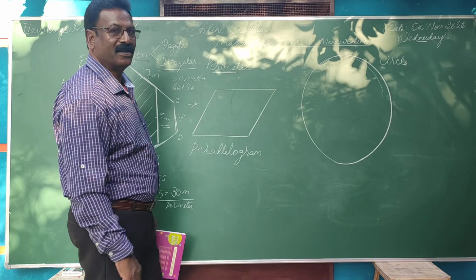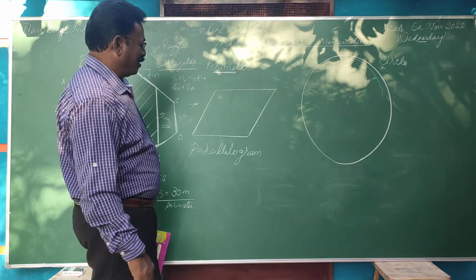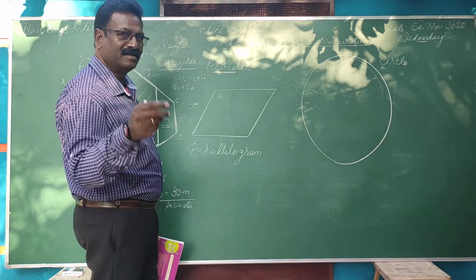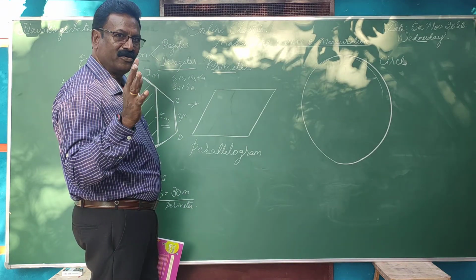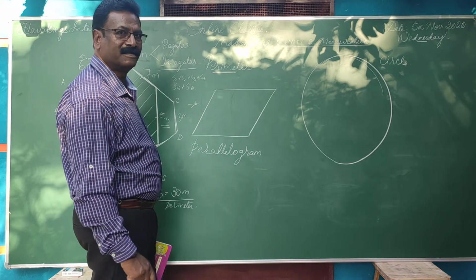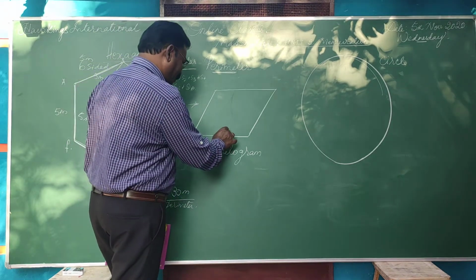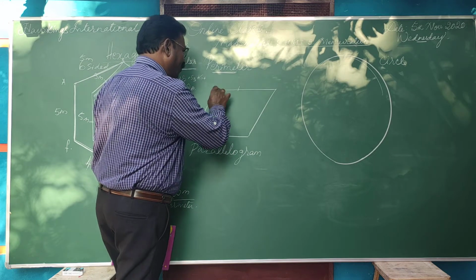What is a parallelogram? A parallelogram is a plane figure bounded by 4 sides, and the opposite sides, for example, this side and this side are parallel.